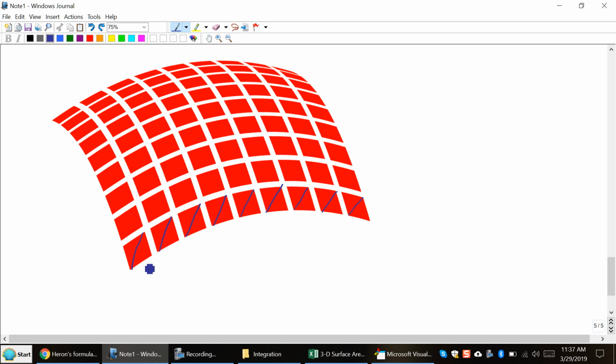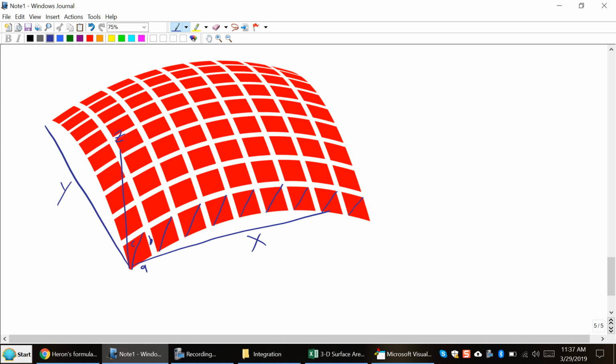So if this is A, this is B, this is C. We're in three dimensions, though. So how do I calculate A? Well, this is my X coordinate, this is my Y coordinate, and this is my Z coordinate.